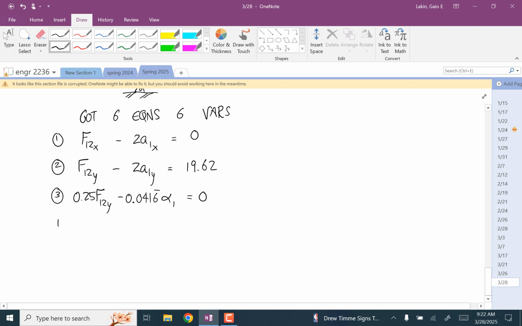Our fourth equation was 0.5 f12x minus 0.16 repeating alpha 2 is equal to 5.